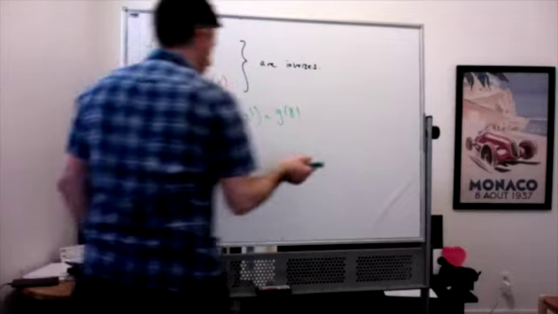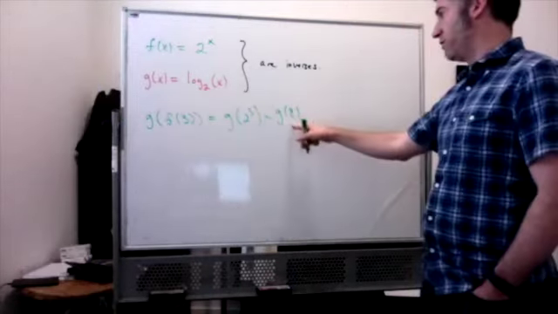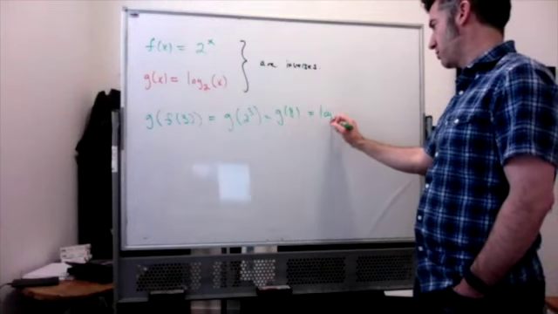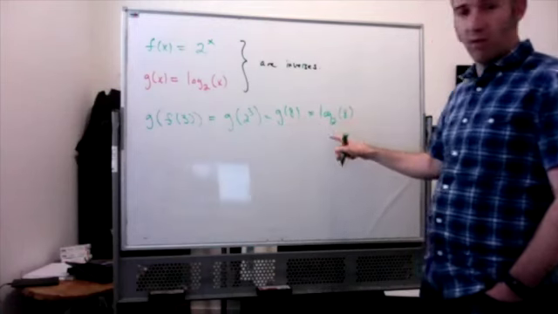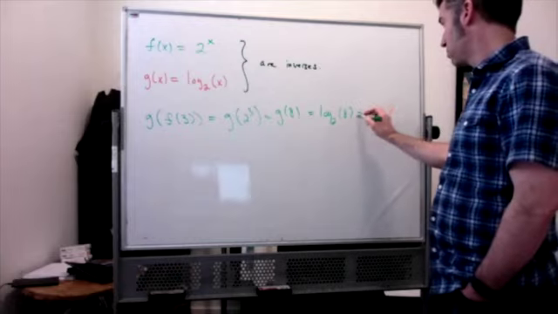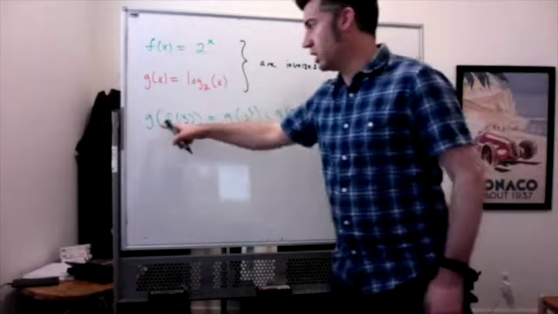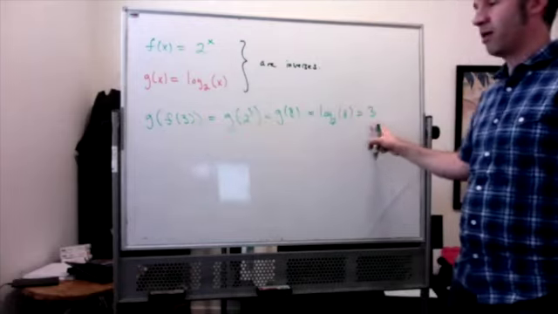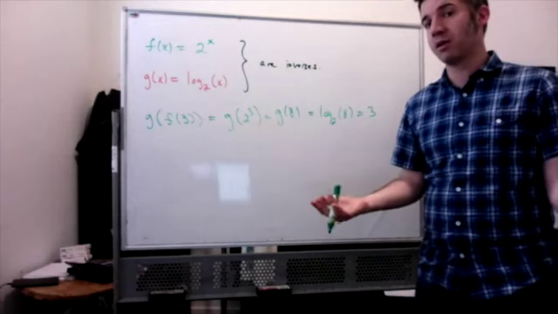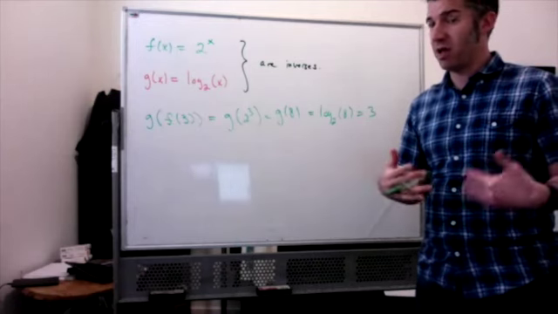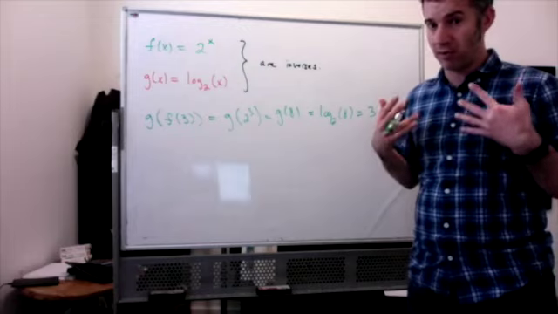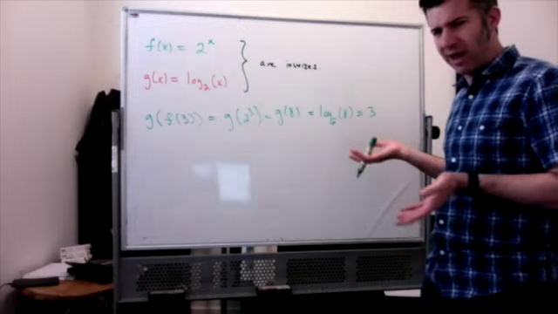But g is log base 2 of whatever. So g of 8 is log base 2 of 8. But log base 2 of 8 is 3. So look, g of f of 3 equals 3. That's great. That helps me affirm, but not actually show that they're inverses, right? This is helping me think, okay, I think they're inverses.